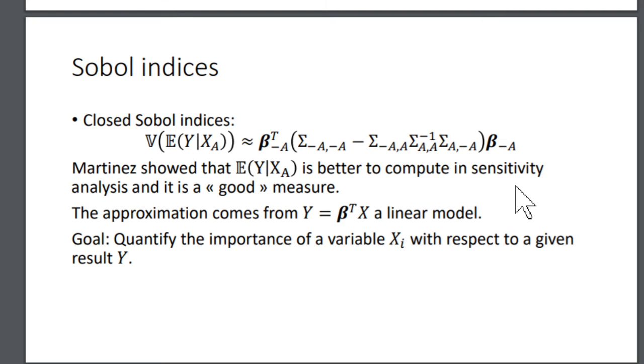So you perform a computational regression, you get the coefficient beta. Let's say you have an output y and inputs x, so x is a vector or matrix.